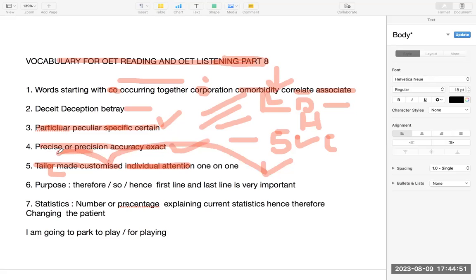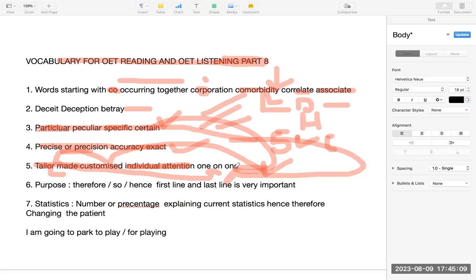Our coaching is tailor-made, that means our coaching is one-on-one. Tailor means according to the demands of each and every client. And the word tailor is somehow connected to the word specific: according to the specific requirements, the certain requirements, the particular requirements, the peculiar requirements of the client. So somehow the third and fifth are almost the same.